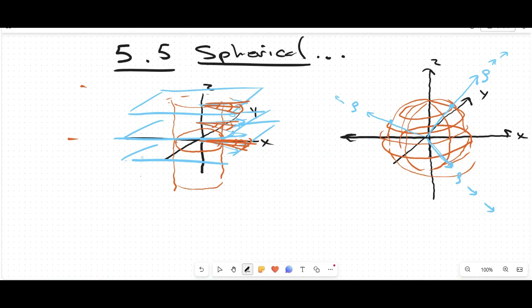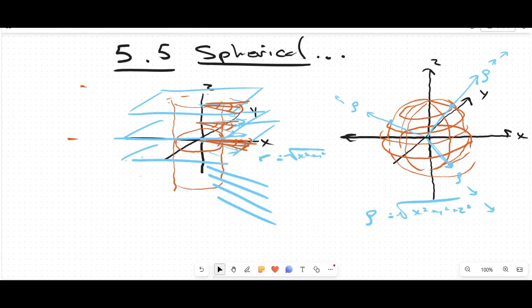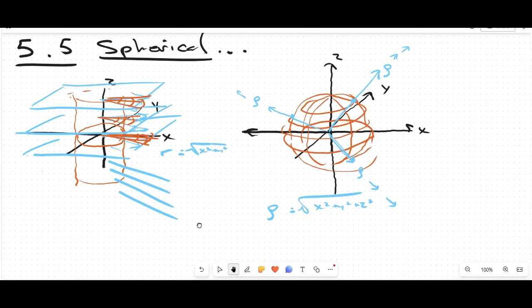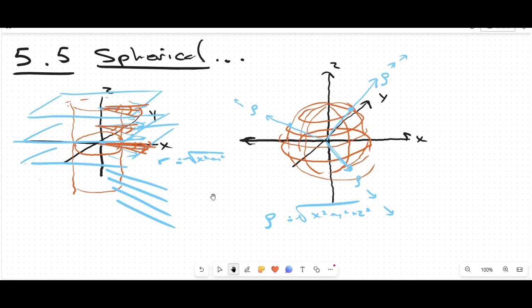So unlike the polar coordinate r, which is the distance to the z-axis, a radius in just two dimensions, the x and the y coordinates, we can write r equals the square root of x squared plus y squared. Rho over here is going to be the square root of x squared plus y squared plus z squared. It's actually the distance to the origin. So that's the first thing you want to understand, the rho coordinate.